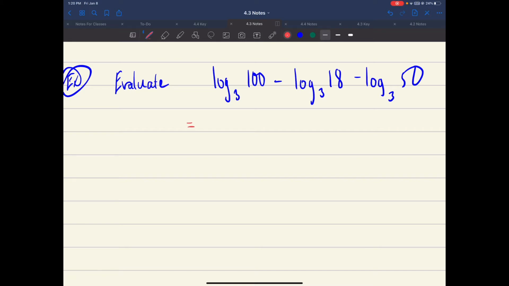So this would be log base 3 of 100 divided by 18, minus log base 3 of 50. Then we just apply that same property again, because now we just have a subtraction of 2 logs. So we're just going to write that as log base 3 of 100 over 18 divided by 50.